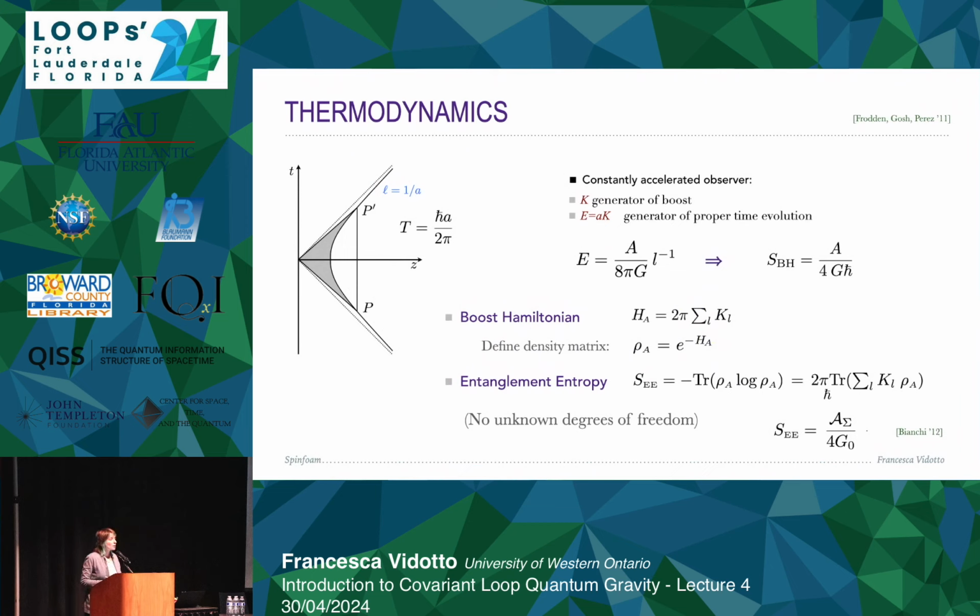And just to mention one last example that I cannot discuss in full detail, a similar thing happens also for black hole entropy. In this case, what you can do is again define a boost Hamiltonian.